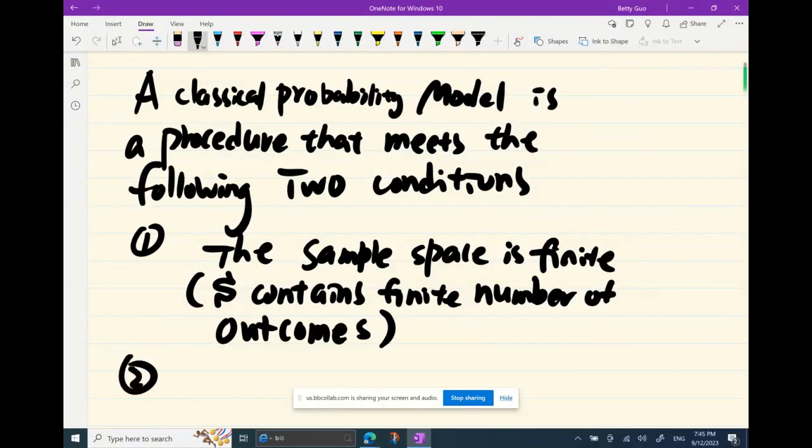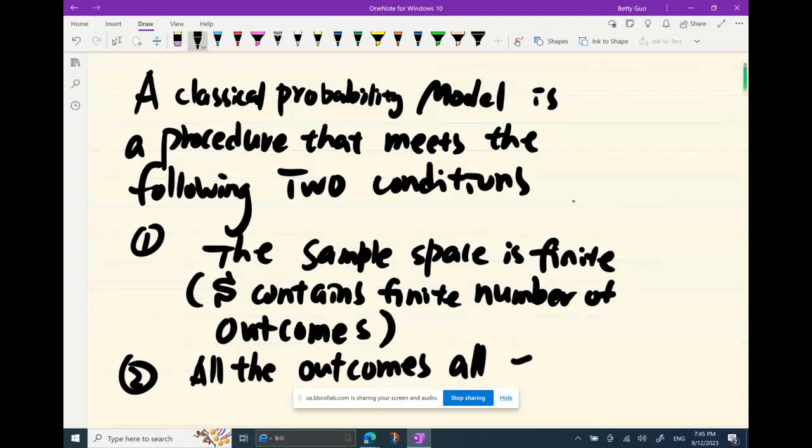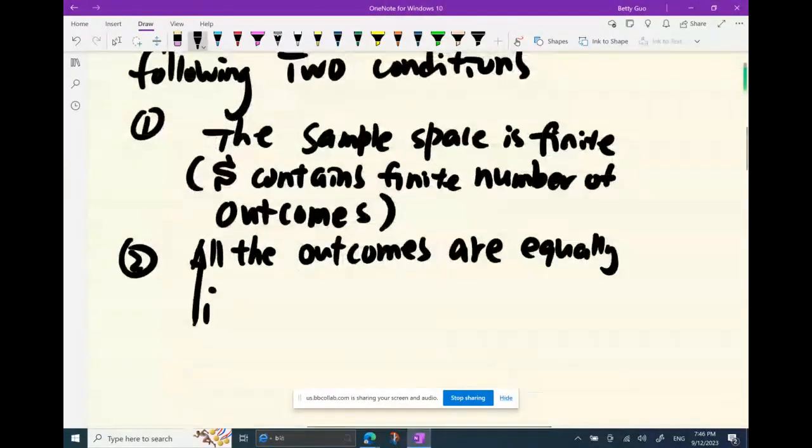The second condition is all the outcomes are equally likely to occur.